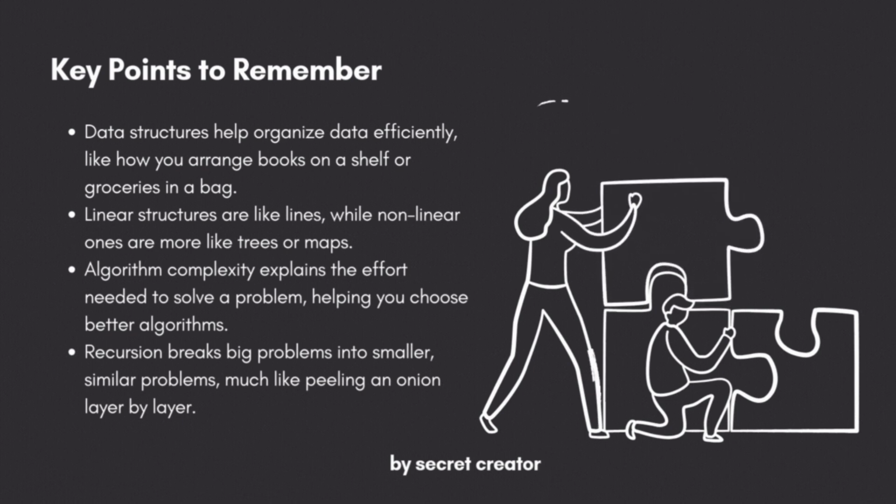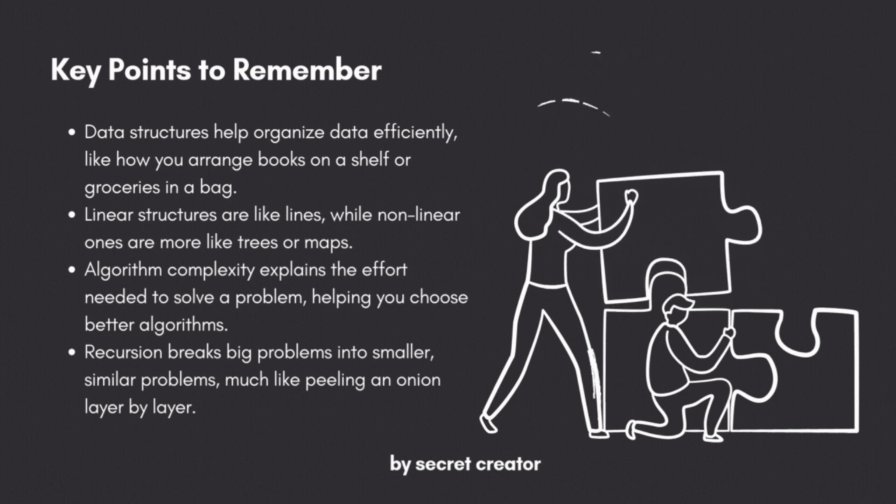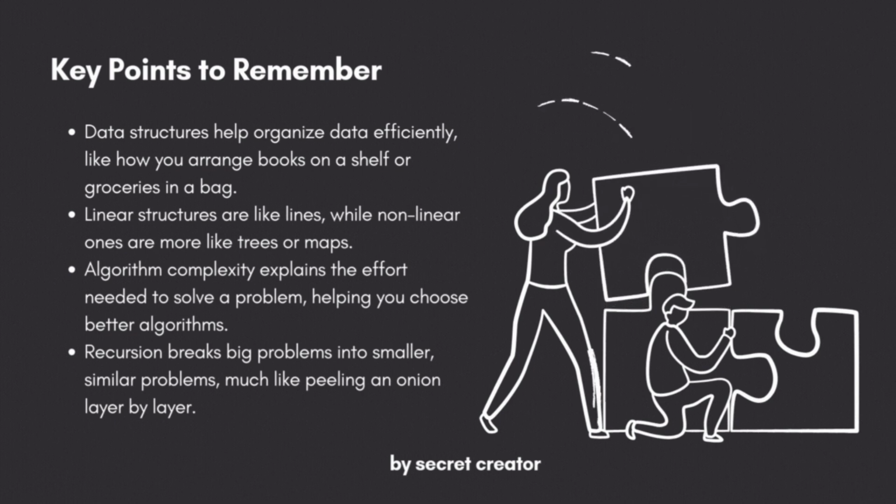Finally, recursion helps solve problems by breaking them into smaller parts, much like peeling an onion layer by layer or opening nested dolls. Data structures are essential for organizing, managing, and processing data efficiently in computer science and real world applications.